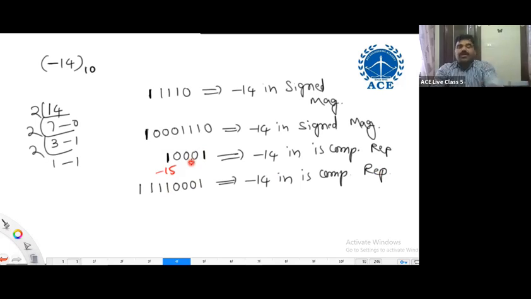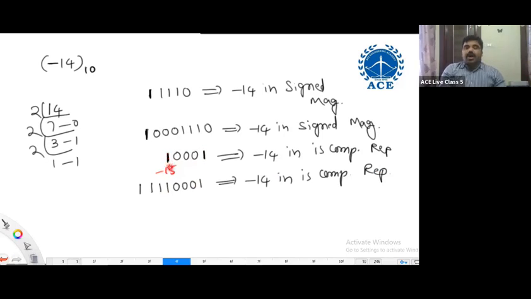How do you confirm this? 5 bits is sufficient because we know the range of 5 bits in 1's complement. It is minus 15 to plus 15. So minimum number of bits required is 5. With 5 bits if you are proceeding, MSB should be 1. Why? Number is negative. What is the weight of MSB? Minus 15. How am I calculating that? Minus of 2 power n minus 1, minus 1 is the weight. Yes. Minus 15.